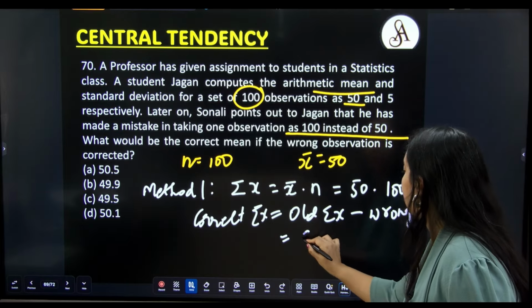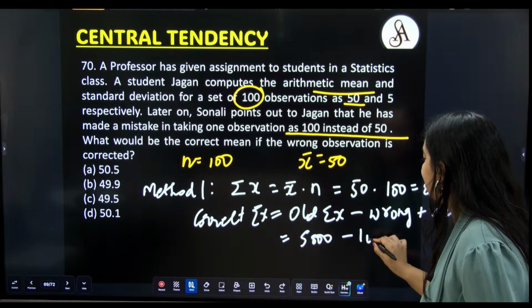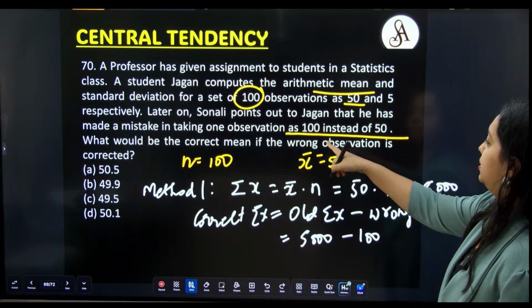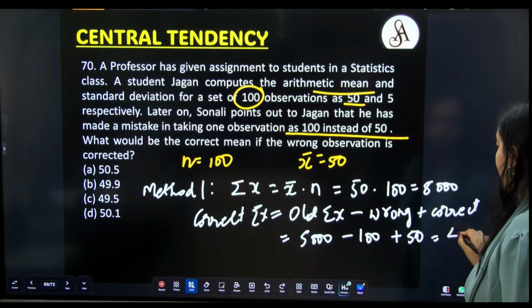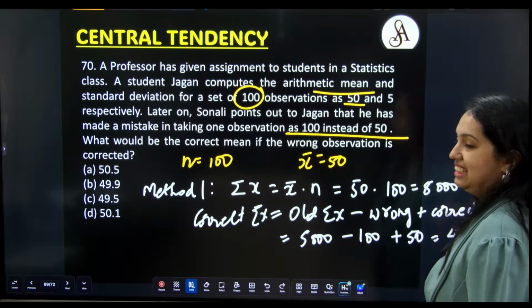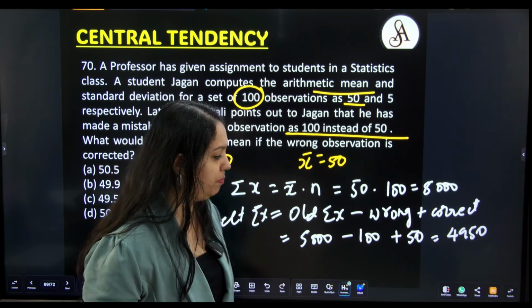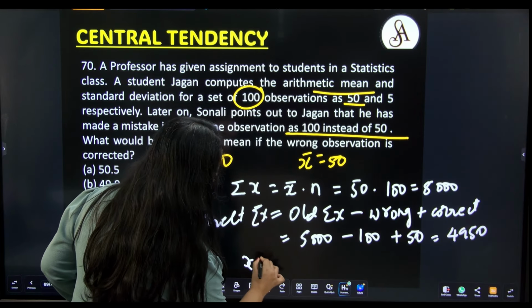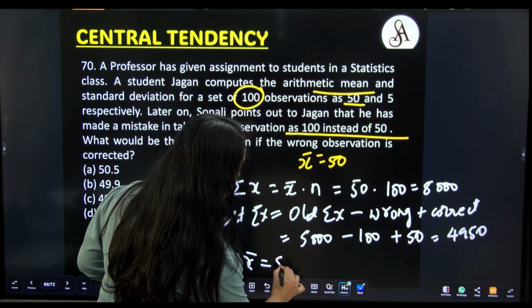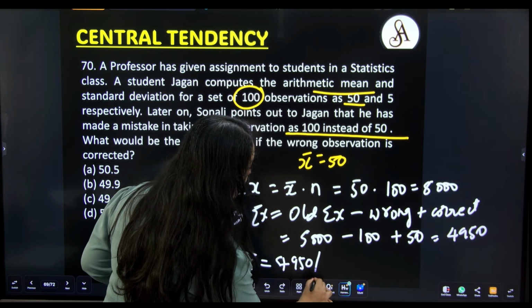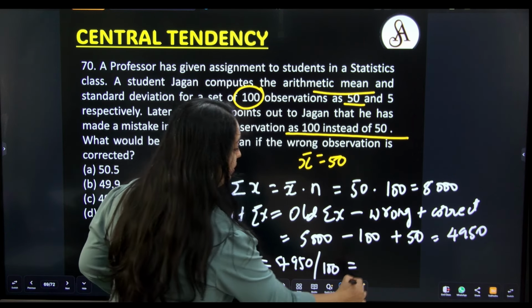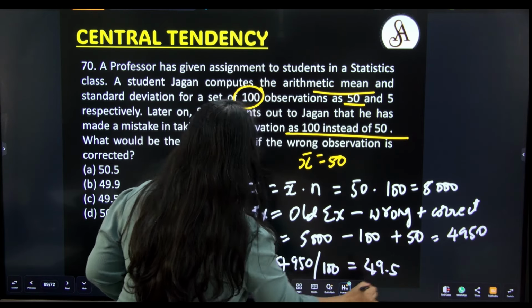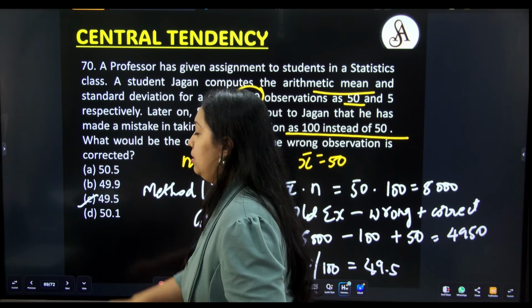You will get the answer as 5000 minus 100. 100 is the wrong observation. Instead of 50, 50 is the correct observation. You get 4950. This is correct summation x. Third step, calculate correct arithmetic mean. Correct arithmetic mean is correct summation x, 4950, divided by n. N value is 100. Your answer will become 49.5, which is option C.